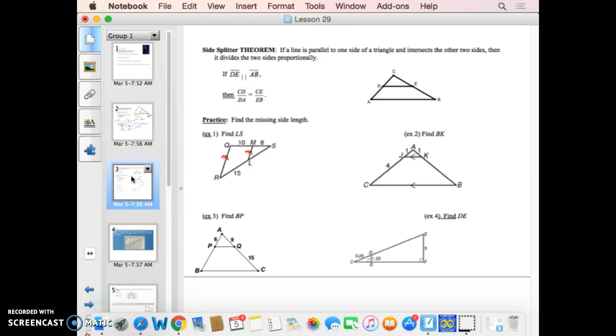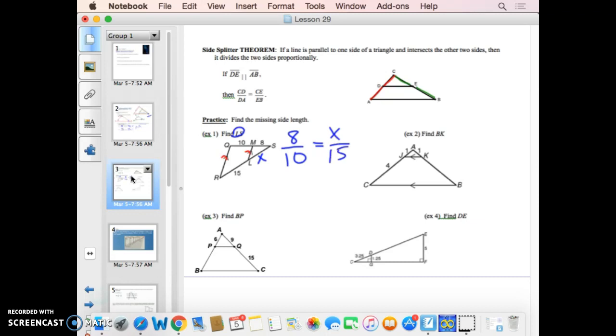So what we can do is set up a proportion, and you'll see what you'll want to do is kind of think, if you start with the small triangle, and you want to put it over the large triangle, like they did here. They said CD, which is here, over DA, which is here, is equal to CE over EB. And so that's basically what we're doing. So we're going to say 8 over 10 is going to be equal to, and we're looking for the side length, so I'll call that X, that's on the small triangle, over 15.